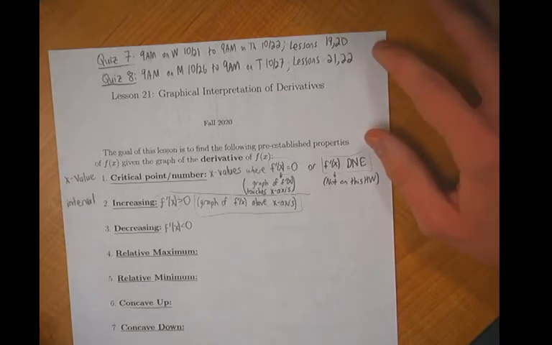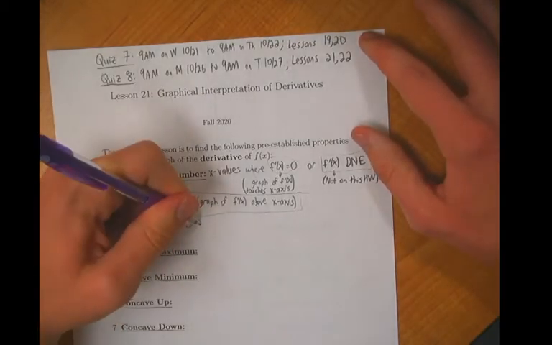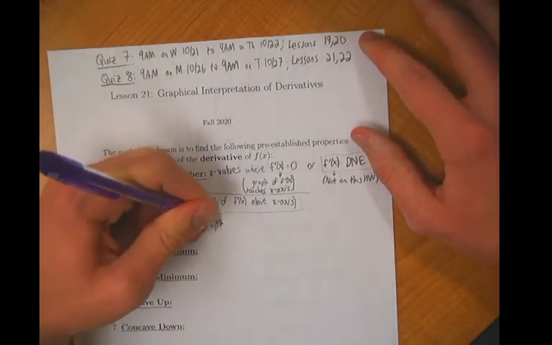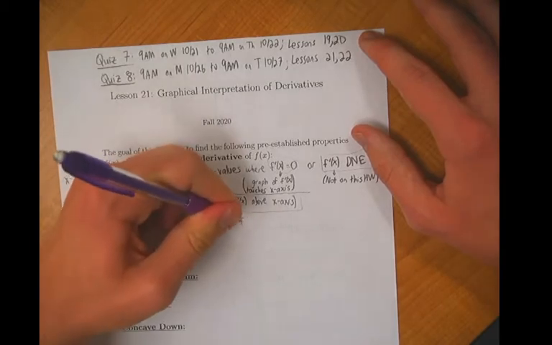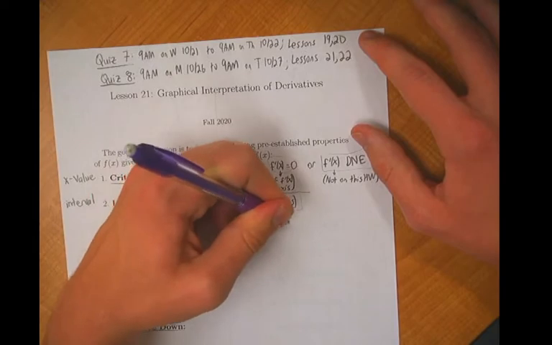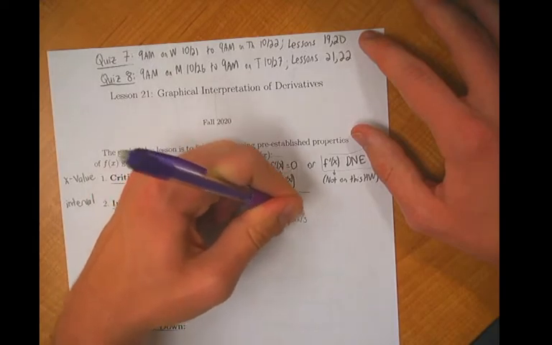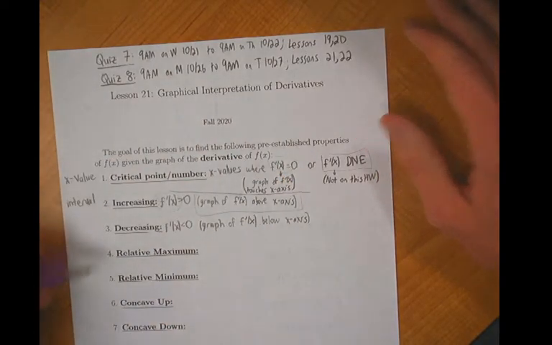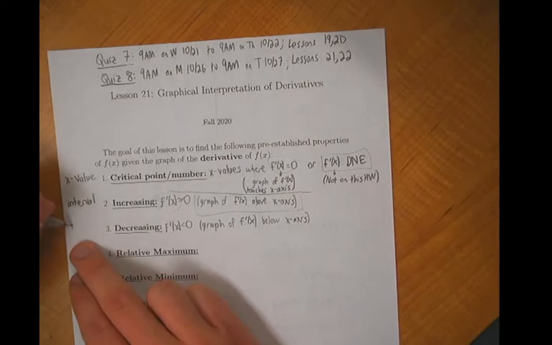Okay, it's going to be below the x-axis. Exactly. So the graph of f prime of x is below the x-axis. And like increasing, this is also going to be an interval.